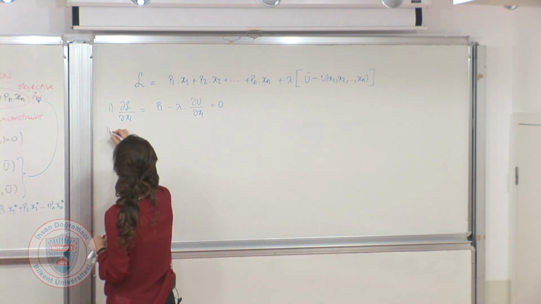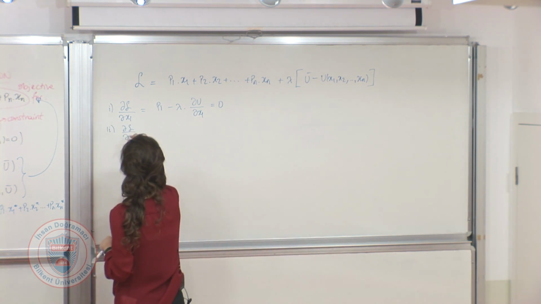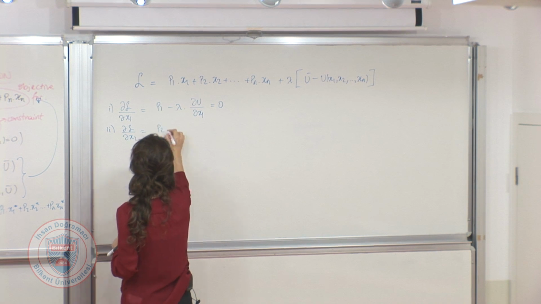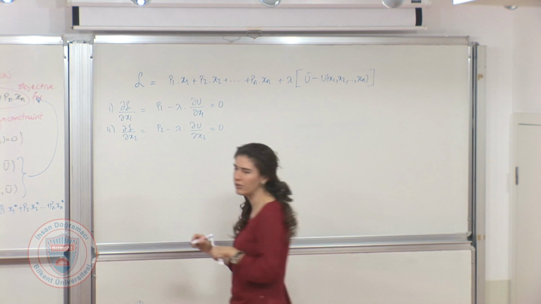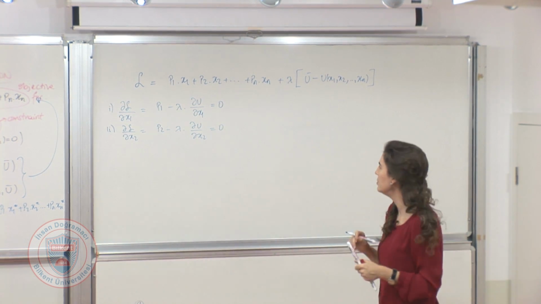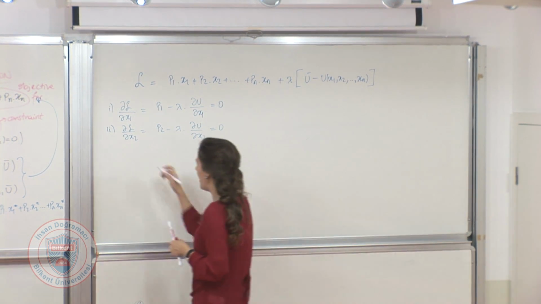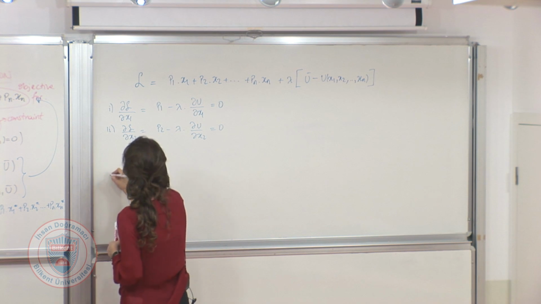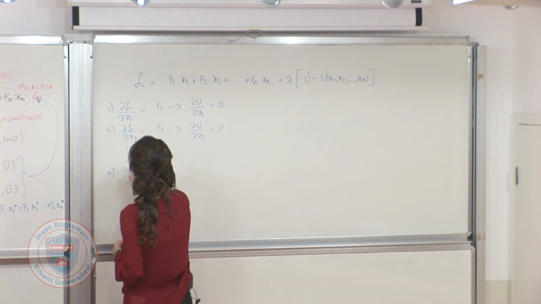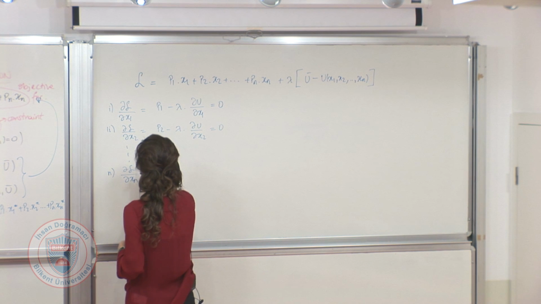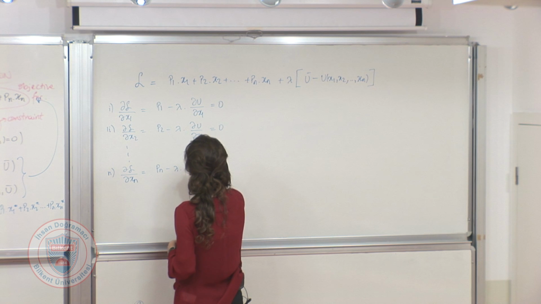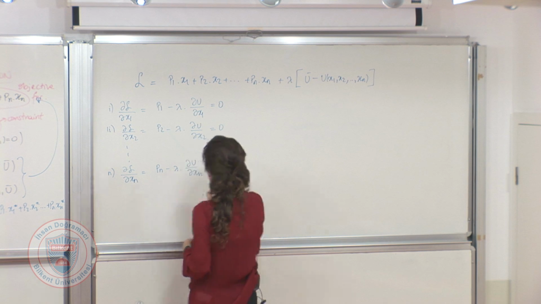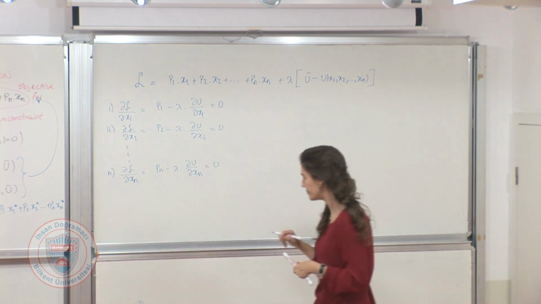And then we have del L over del x2: p2 minus lambda del u over del x2, which is equal to 0. We know how to deal with these guys. And then this is going to be my nth condition, with respect to xn: pn minus lambda del u over del xn, which is equal to 0, okay?